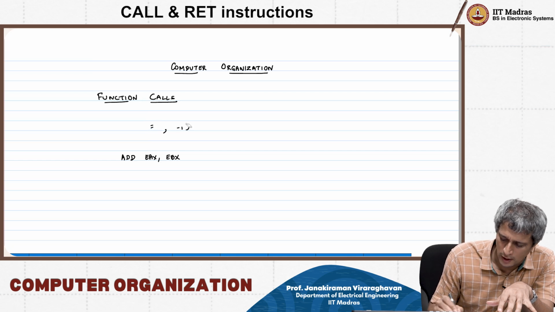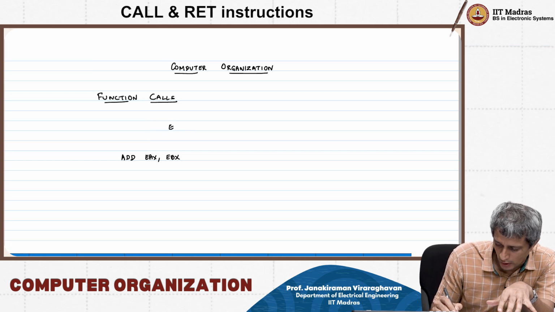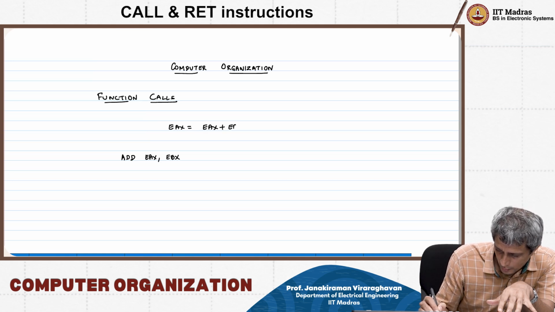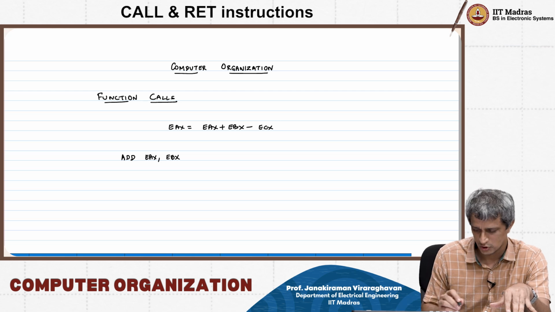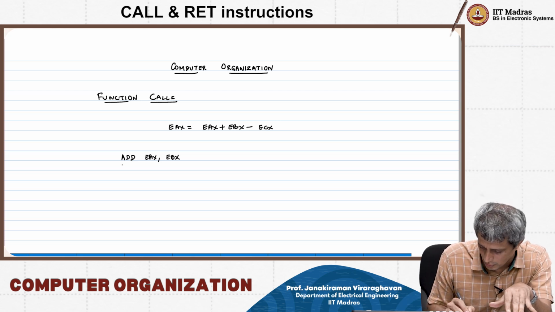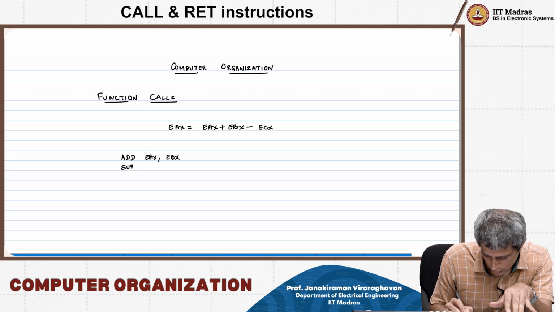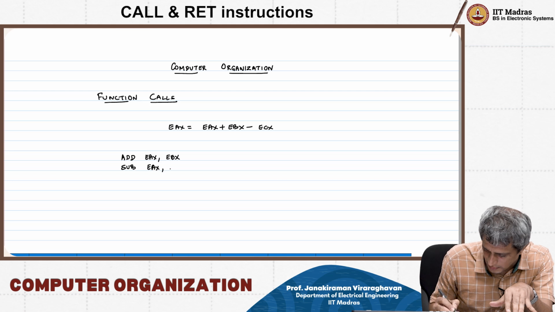I want this function to do the following. EAX should get EAX plus EBX minus ECX. So this is what I want. So now what do I want here? I want to subtract EAX comma ECX.